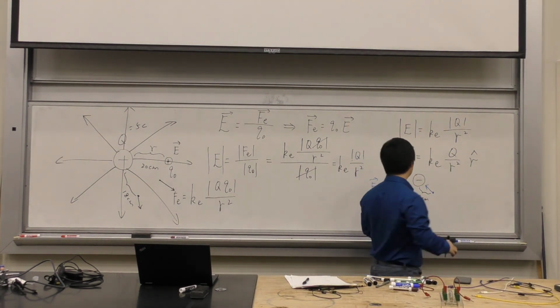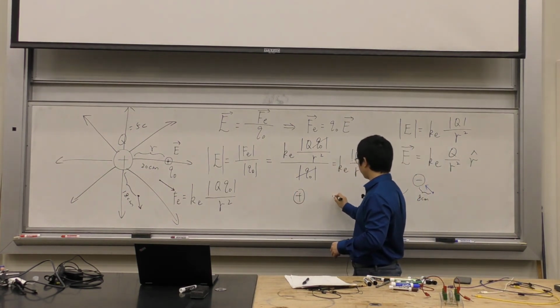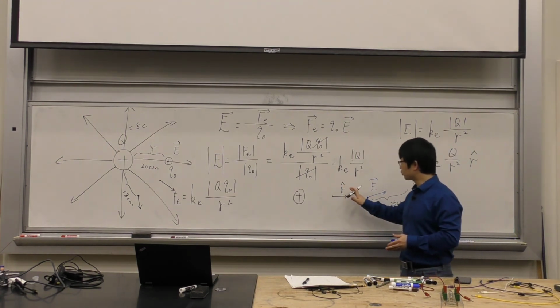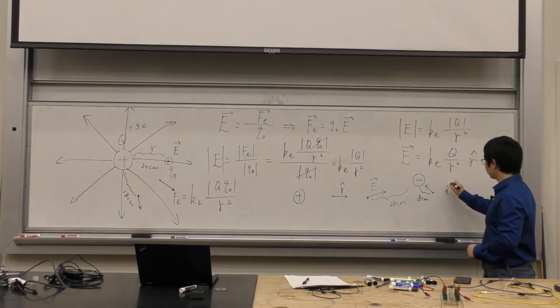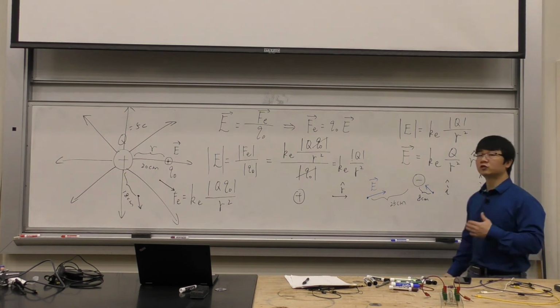So for example, if you have a charge, the r hat at this point is just going to be in this direction. The unit vector, so the magnitude of this guy is always 1. It's pretty much like the i hat, j hat, k hat we have been using. It's just a notation.